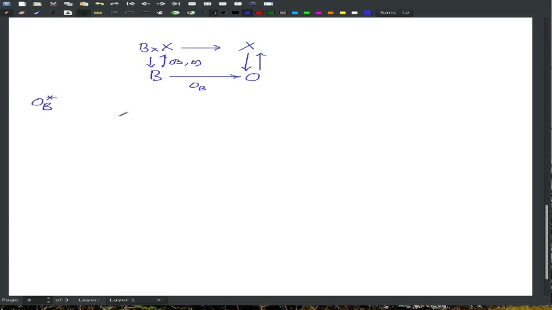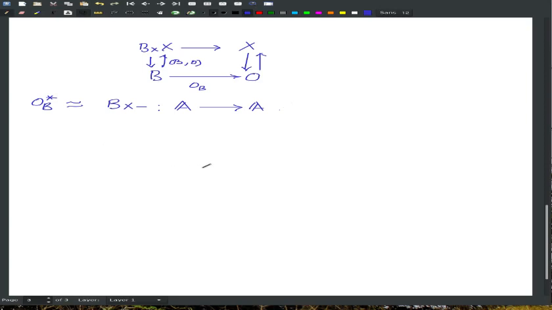So you see 0 star B is essentially nothing else. So what is your 0 star B doing? It is taking X to B cross X, right? So essentially we can think of this as this functor. Okay? So that's this functor.